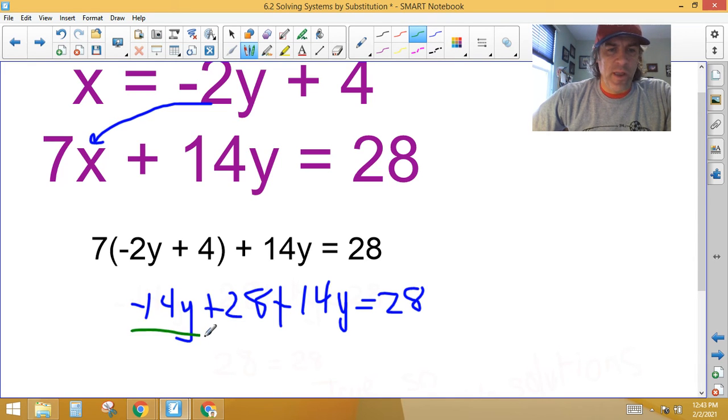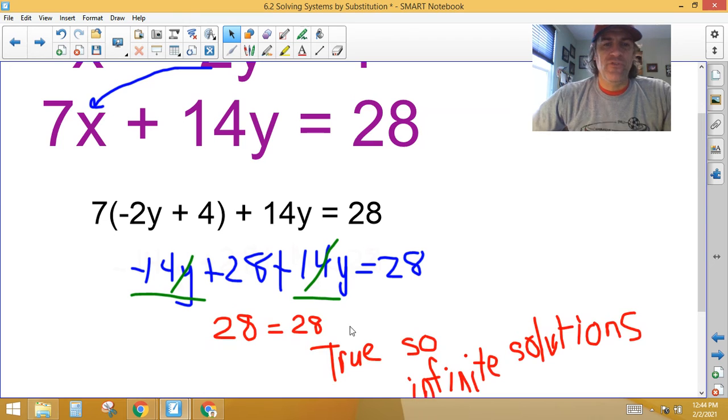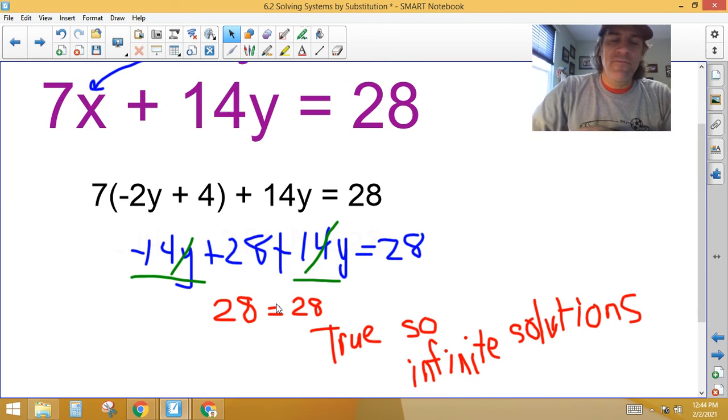Negative 14y and positive 14y, they cancel each other out, and I'm left with 28 equals 28. That's a true statement. So 28 does equal 28. Variables canceled out. We're left with an identity, which means this has infinite solutions. So if you end with an identity with a system, it means you have infinite solutions.